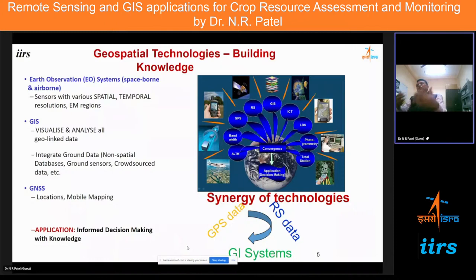Informed decision making means you can integrate those data and finally help the farmer or policymaker pass on information about when the farmer has to sow their crop, what the crop area is, what the acreage estimation is, and at what stage the farmer's crop is, whether it is a disease-healthy crop or a disease-affected crop. All these decisions, such as whether drought is affecting a particular farm field or not, are possible with the integration of these three technologies.